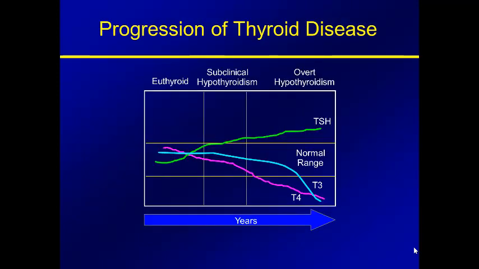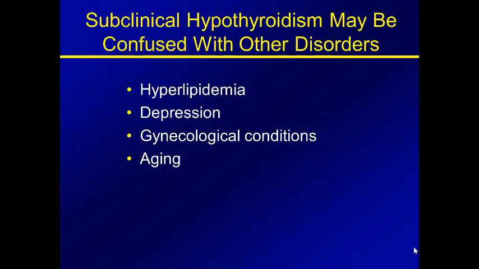That is presented by this diagram, the progression of thyroid disease through different stages between euthyroid, subclinical hypothyroidism, and overt hypothyroidism. In the euthyroid state, there is normal T3, T4, and TSH. With subclinical hypothyroidism, there is some elevation of TSH with normal T3 and T4. With overt hypothyroidism, as you see here, there is a low level of T3 and T4 and a high level of TSH.